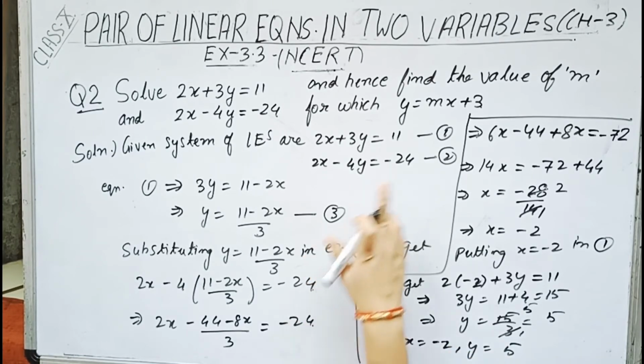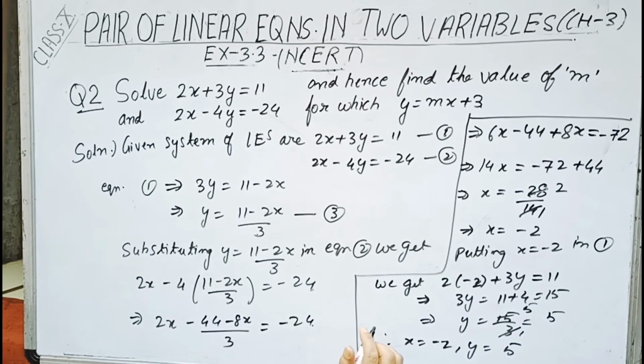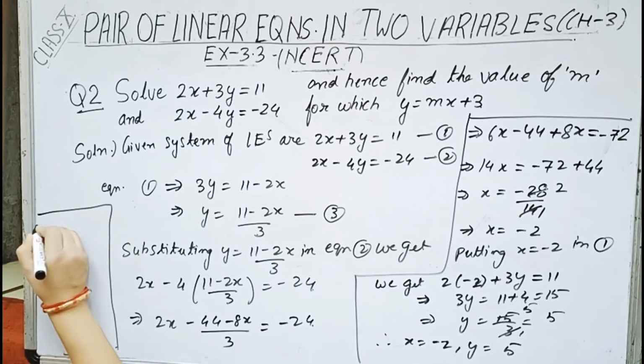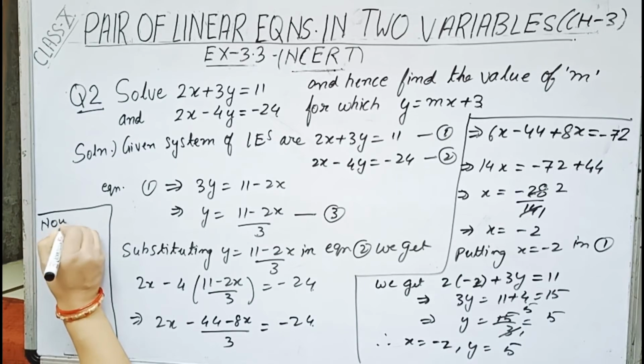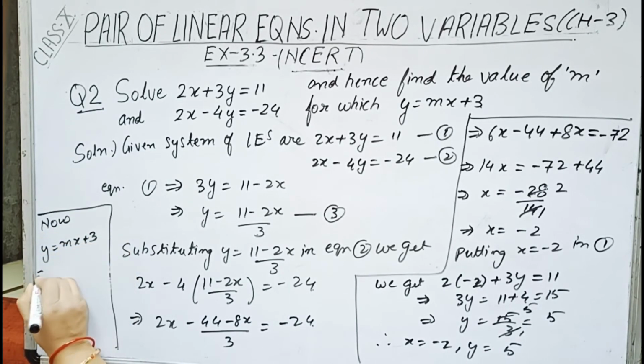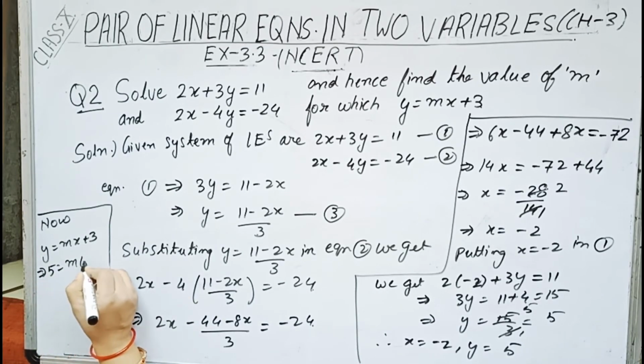Now for the second part, to get the value of m, let me do here. y equals mx plus 3 implies 5 equals m into minus 2 plus 3.